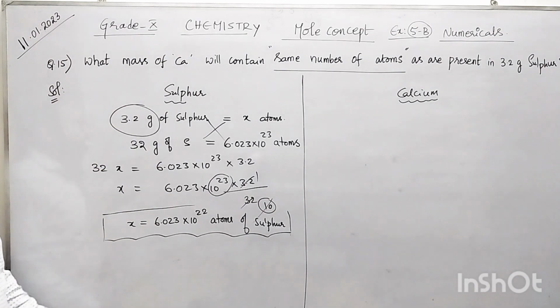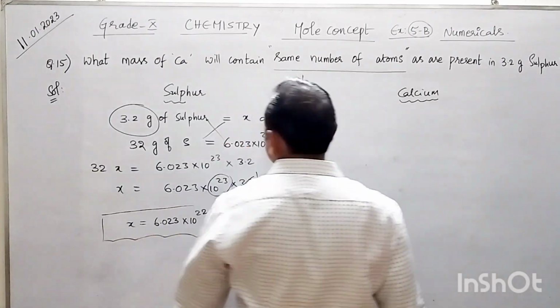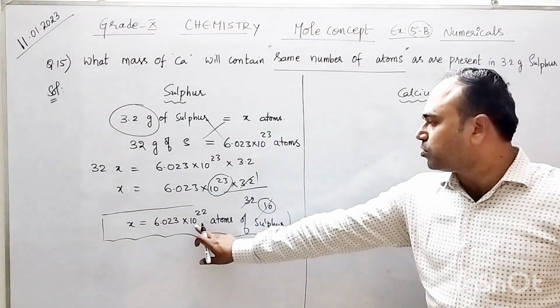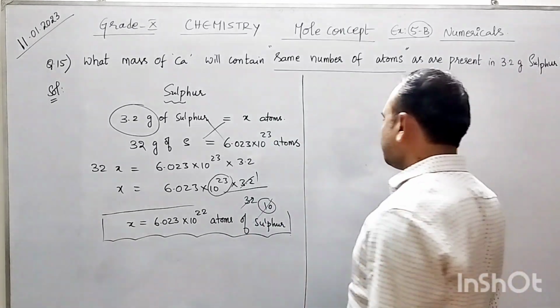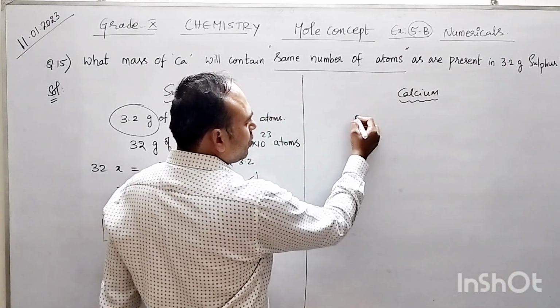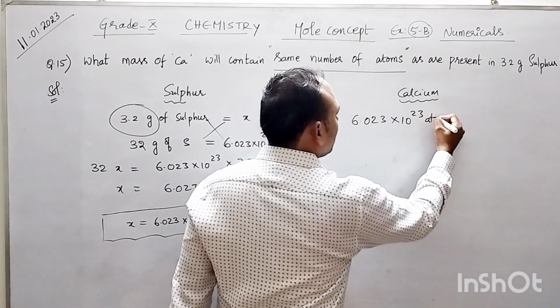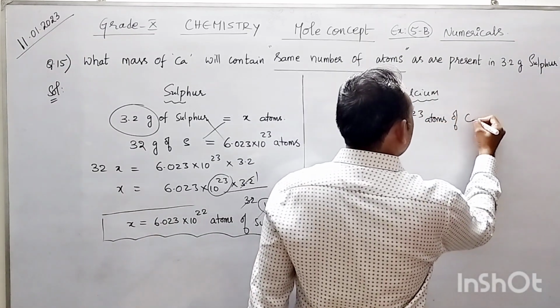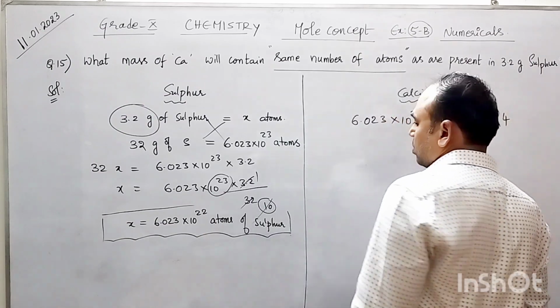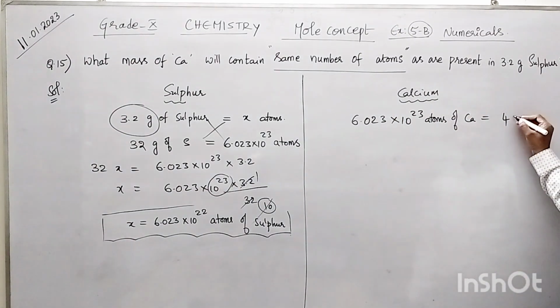Now the question is, you should have same number of atoms of calcium. So what are those? 6.023 into 10 to the power of 22. So we know this, nothing but 1 mole, Avogadro number 6.023 into 10 to the power of 23 atoms of calcium has a mass of how much here? 40 grams. So this we know.